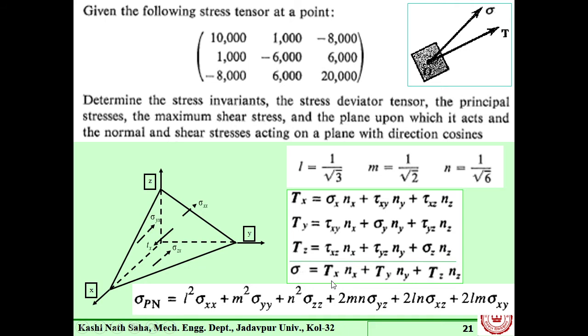What is it? The component of Tx along direction n, the component of Ty along the outer normal direction n, and the component of Tz. If we substitute for these components, this is our equation for sigma, which we define as sigma suffix n, the normal stress.